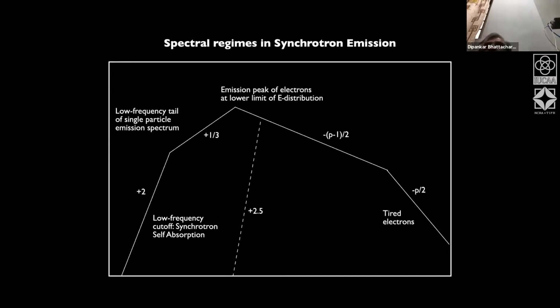It steepens the energy distribution index by 1, so it becomes gamma to the power of minus (p plus 1), and that reflects in the radiation spectrum as nu to the power of minus p by 2.